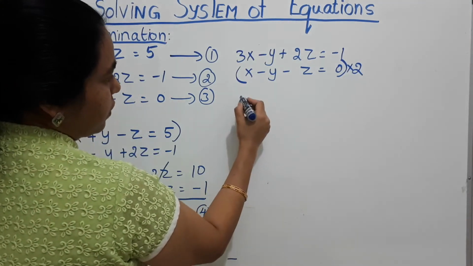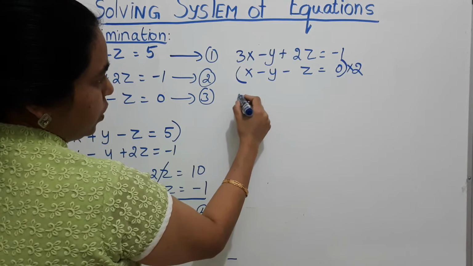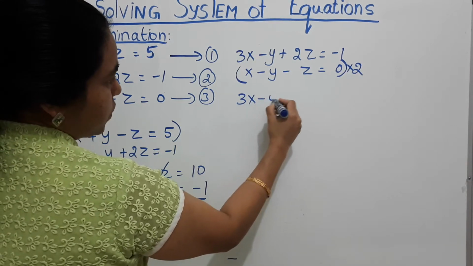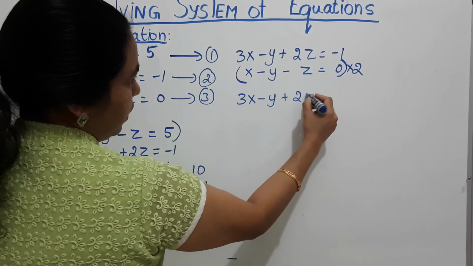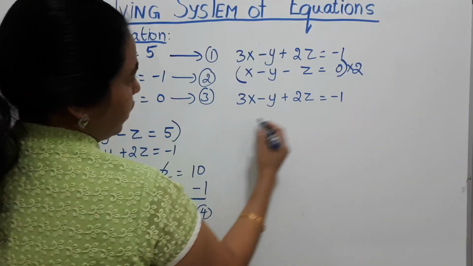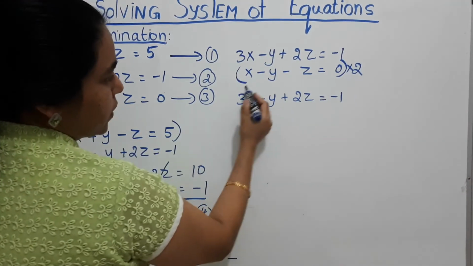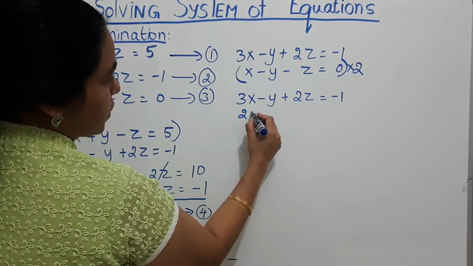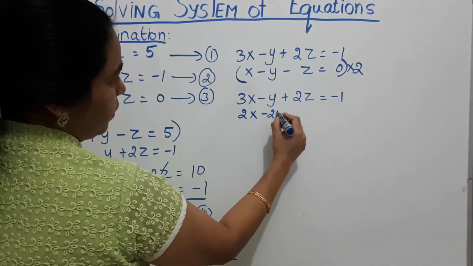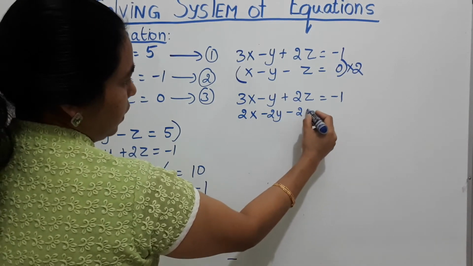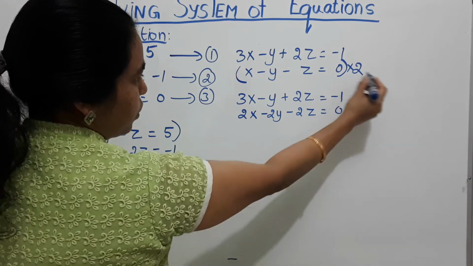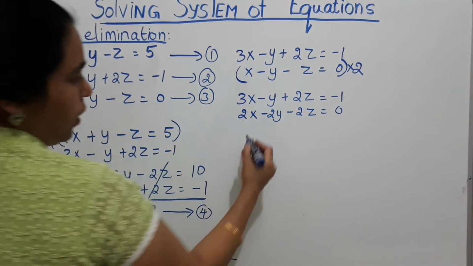So you can rewrite both equations again. 3x minus y plus 2z equals -1, and when you multiply the other equation by 2, you will get 2x minus 2y minus 2z equals 0, since 0 times 2 is 0.